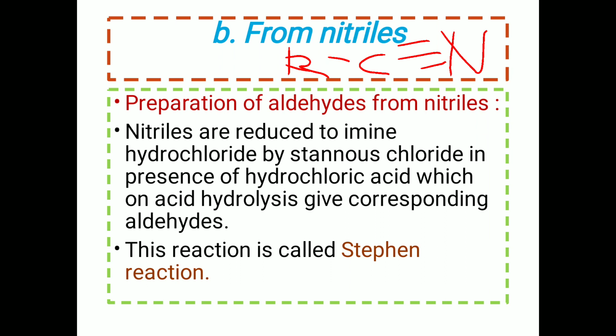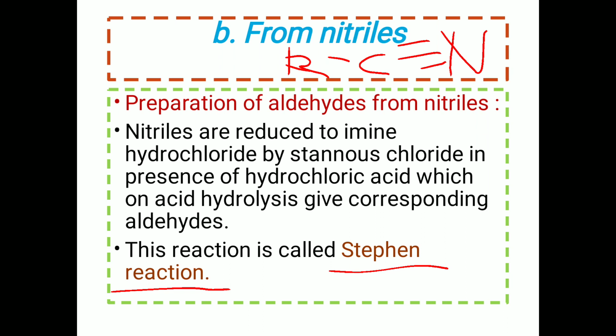Now the first one is the preparation of aldehydes from nitriles. This reaction is also known as the Stephen reaction or Stephen reduction reaction, and the question asked in this topic is: write a note on Stephen reaction.